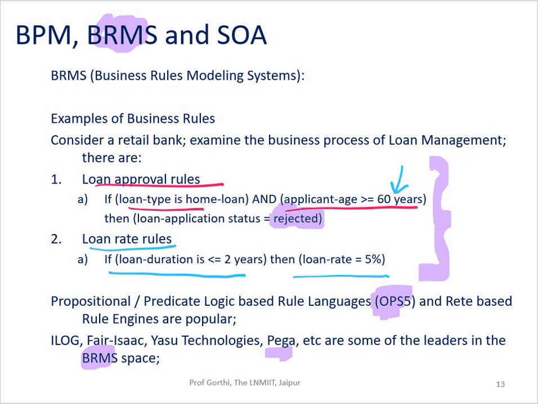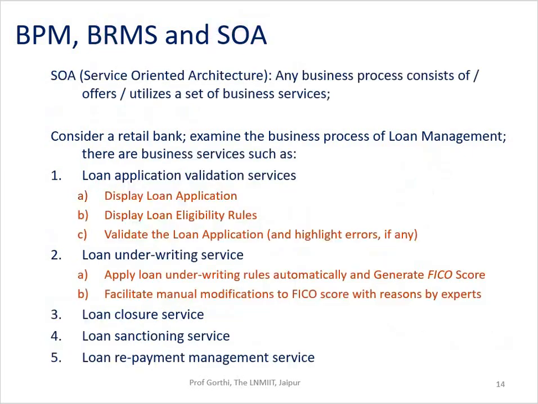Now let's formally also talk about SOA as well. So service oriented architecture, where any business process consists of tasks which utilize a set of business services. Now consider a retail bank and examine the business process of loan management. There are business services such as your loan application. I can have a display loan application.